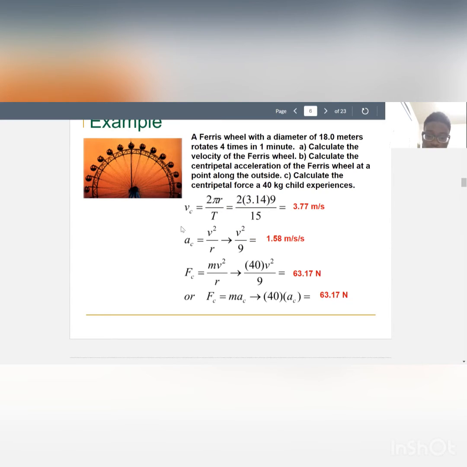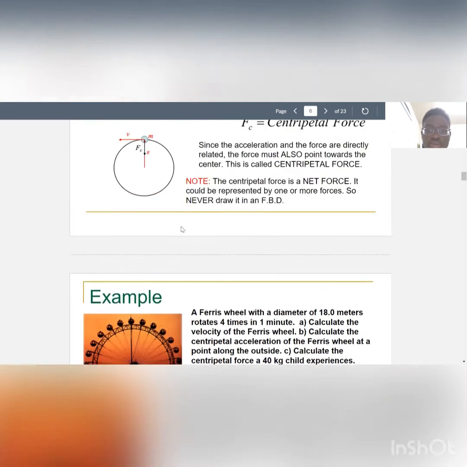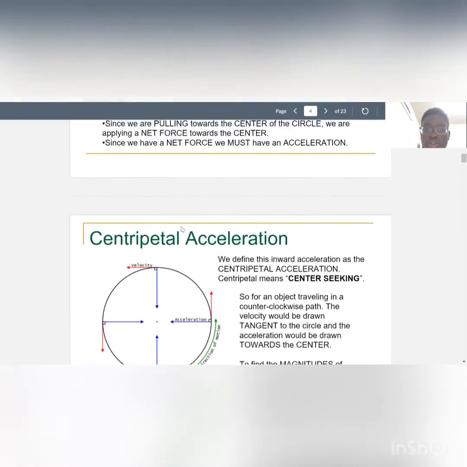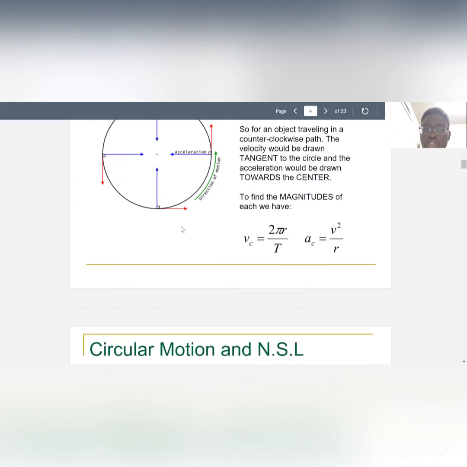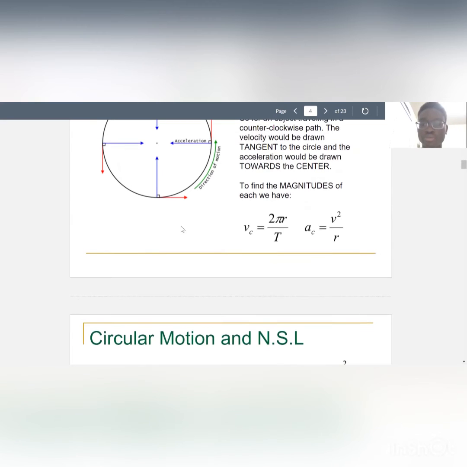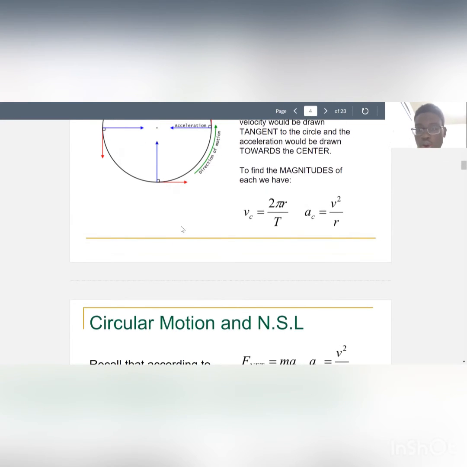And so now I'm going to be talking about the formulas for centripetal acceleration and centripetal force. So the formula for centripetal acceleration is ac. Over here on this slide, you see that ac is equal to velocity squared divided by r, and that's the formula for centripetal acceleration, where r is equal to the radius and v is equal to the velocity.